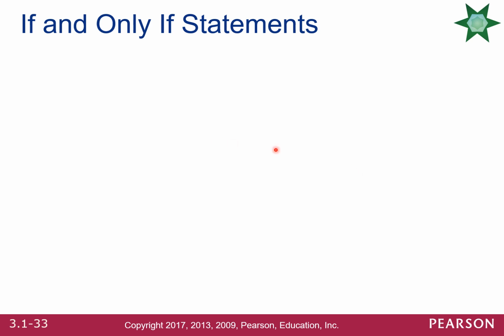Now we'll look at another kind of if statement, which is called if and only if statements. Now, if-then statements are called conditional statements, but if and only if statements are called biconditional statements.